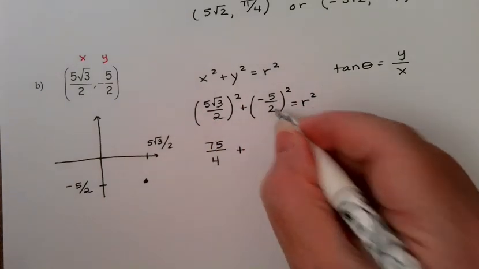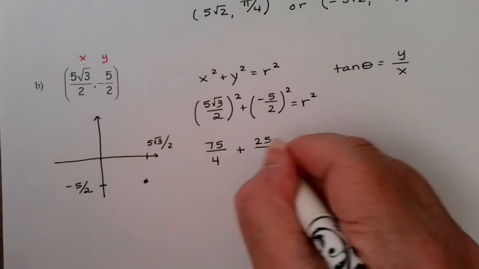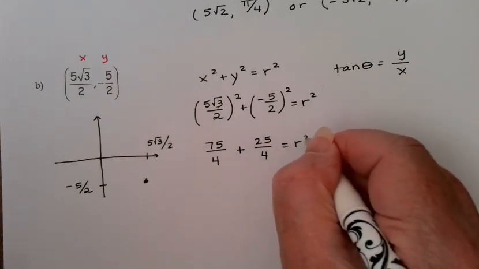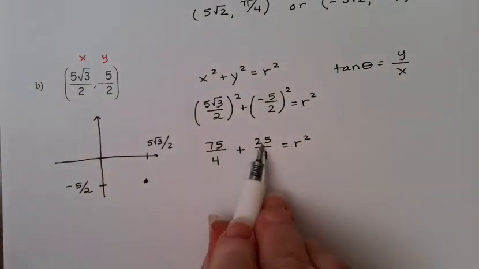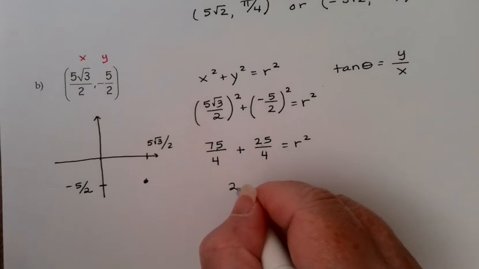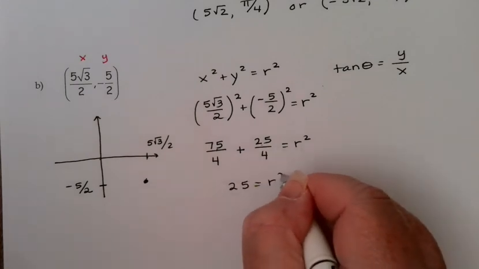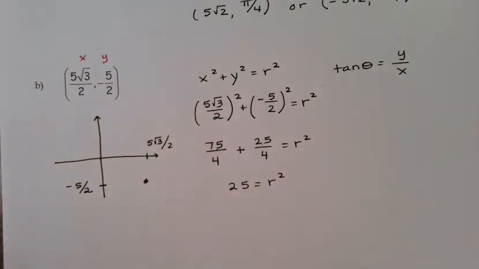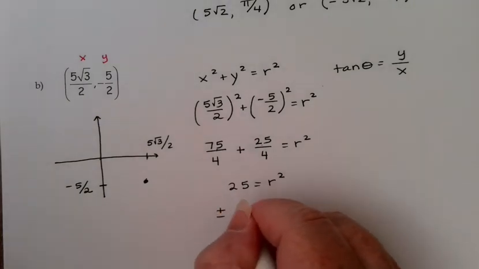And that would be 25 over 4. So I have 100 over 4, or 25, for r squared, meaning my r will be plus or minus 5.